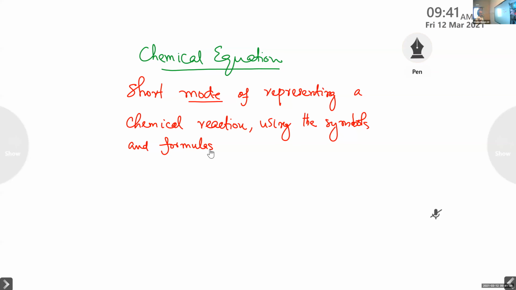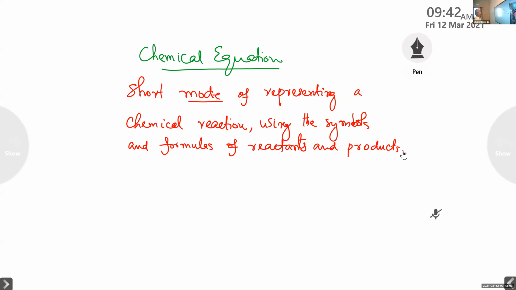Formula, singular. Formulae, F-O-R-M-U-L-A-E, or formulas. So, using the symbols and formulas of reactants and products. That is a chemical equation.